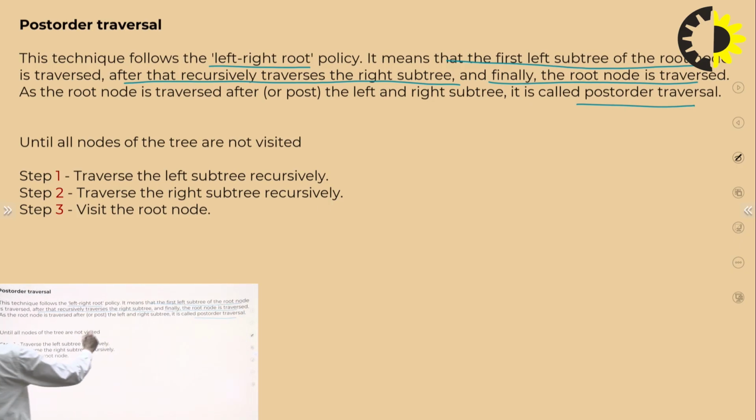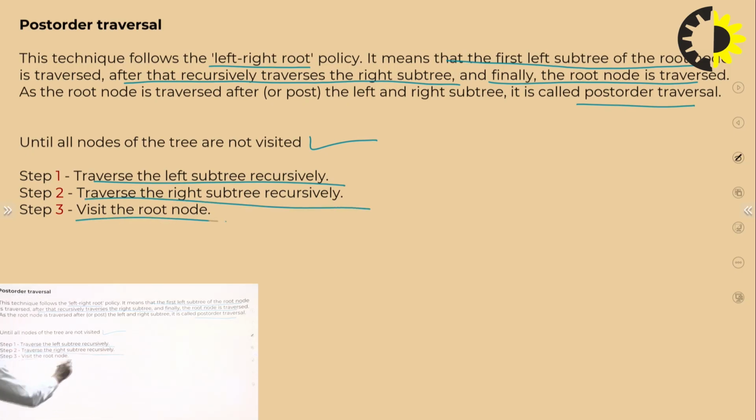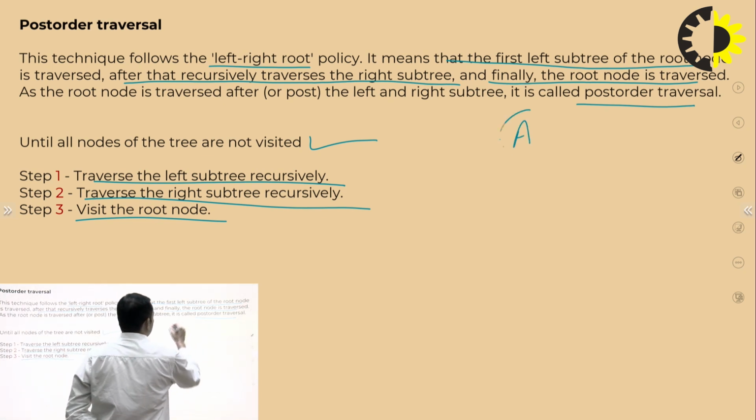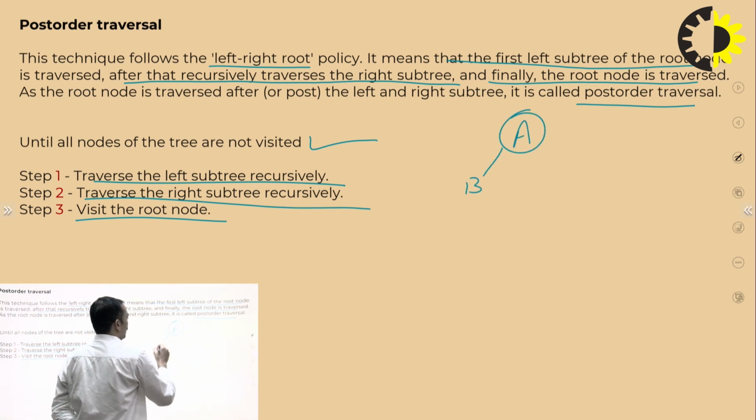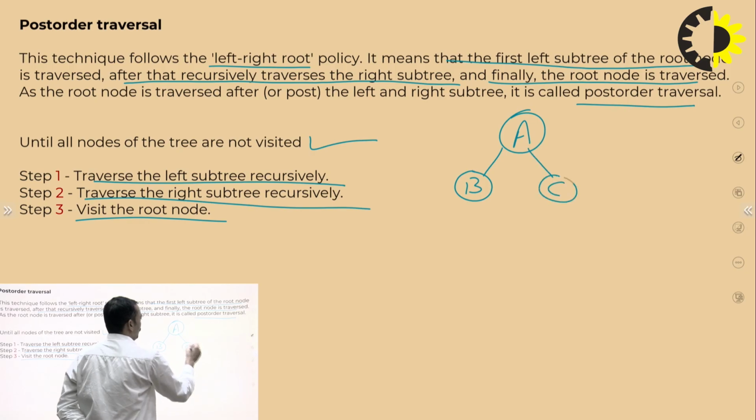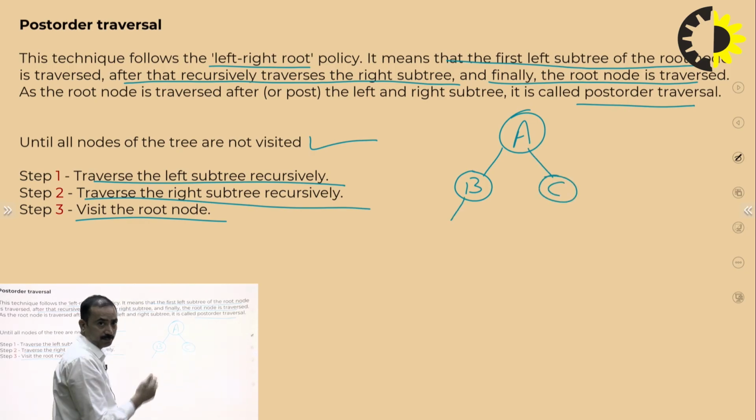So we get a postfix expression of an expression tree with the help of post-order traversal. Until all the trees are visited, we traverse the left subtree recursively, traverse the right subtree recursively, and visit the root node. Again, suppose we have the same example that we discussed previously in the case of pre-order.